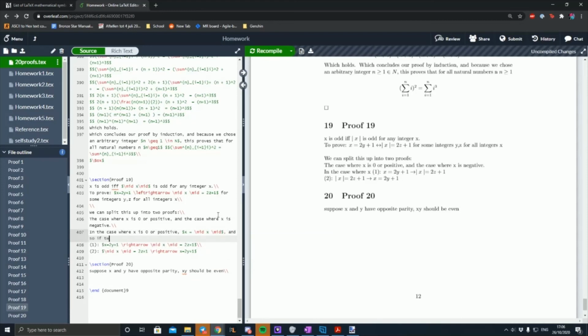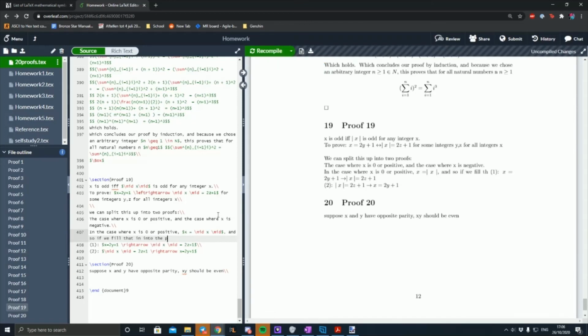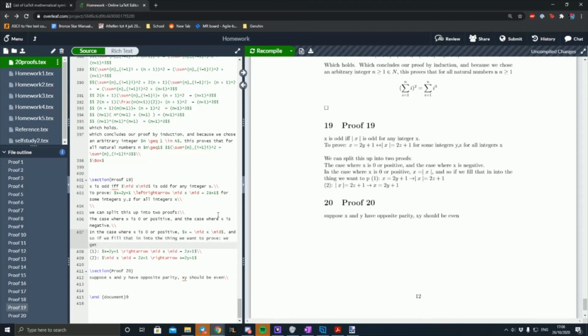And so if we fill that into the thing we want to prove, we get x is odd, left right arrow, x is odd, which is correct.